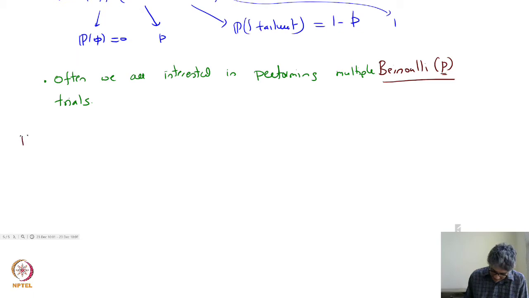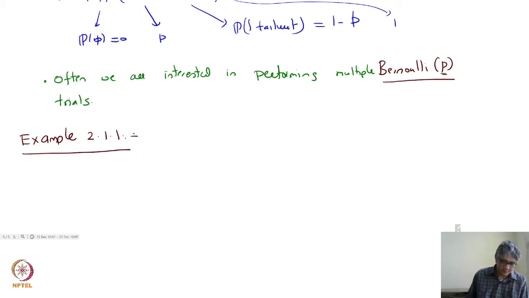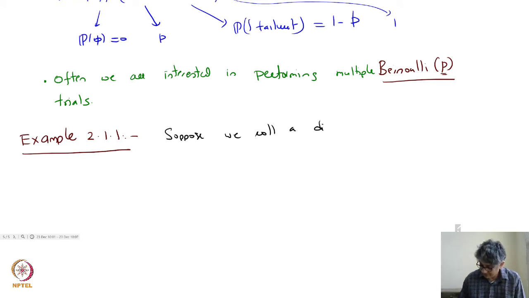So let's call this example 2.1.1. Suppose we roll a die twice. So I'll discuss an example where this sort of Bernoulli trials occur naturally. Two times.